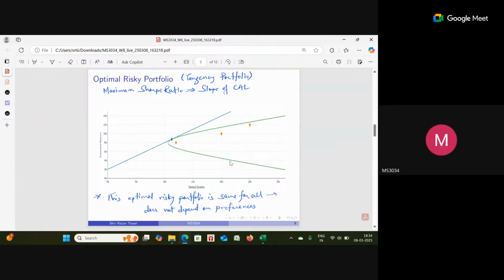Then I can draw multiple lines starting from this risk free rate, and I will be interested in the line which is just tangent to this minimum variance set, like this. The tangency point, that blue dot, is the optimal risky portfolio for me.